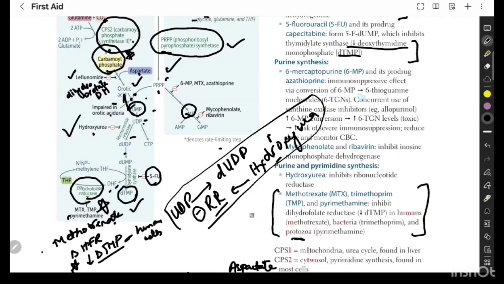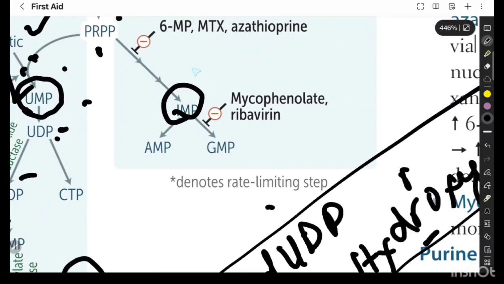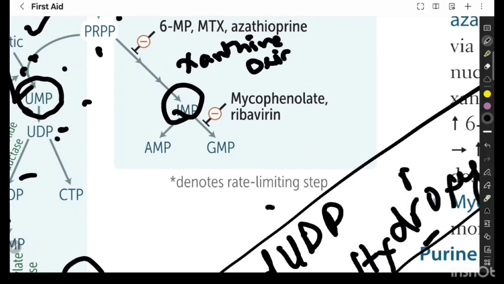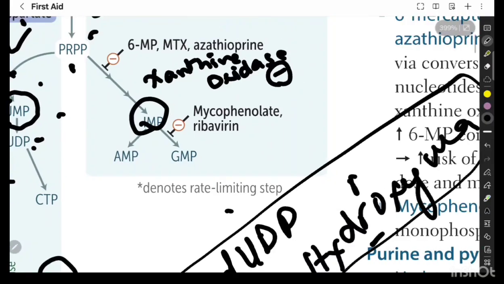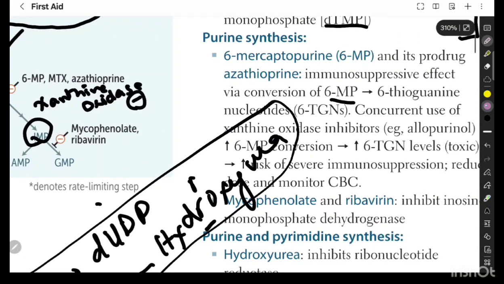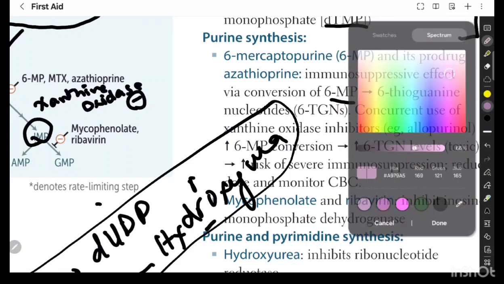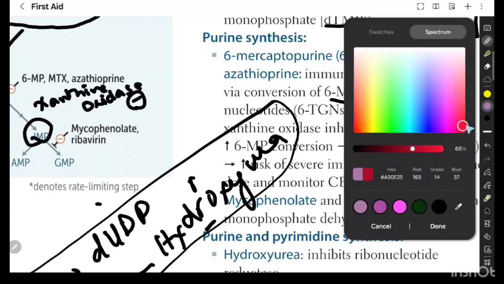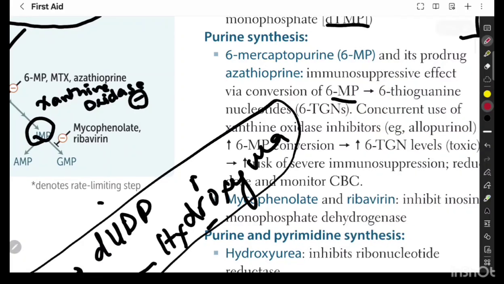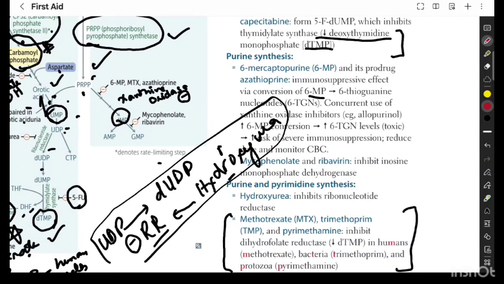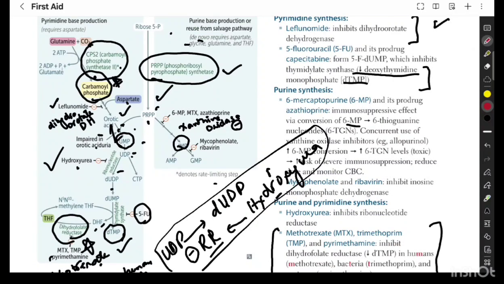So it has an immunosuppressive effect, and there is a concern with concurrent use of xanthine oxidase inhibitors. If you're using xanthine oxidase inhibitors, what happens? You need to remember that 6-mercaptopurine levels increase.